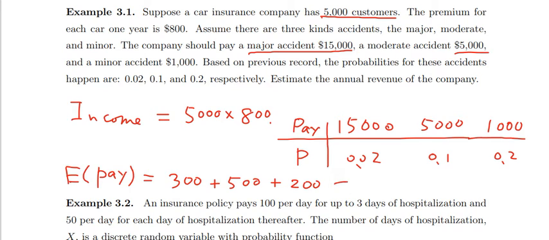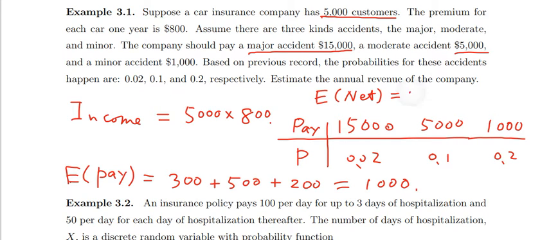So this means 800. Oh, the payout is 1,000. So we say the net payment: they should pay out 1,000, but the income for each car, the premium, is only $800.